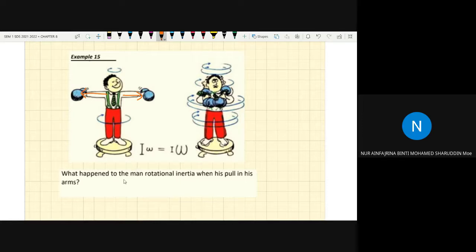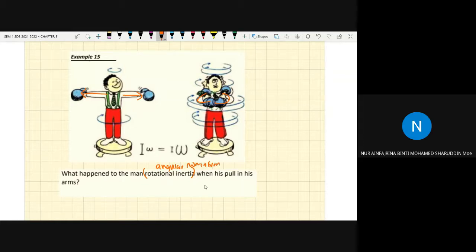So the question asks, what happened to the man rotational inertia bila dia pull in his arm? So arm dia sekarang dia dah masukkan balik. So apakah yang terjadi? Rotational inertia ni lebih kurang macam angular momentum lah.